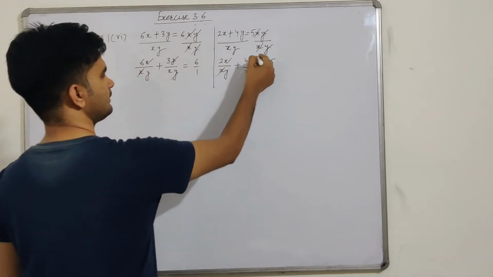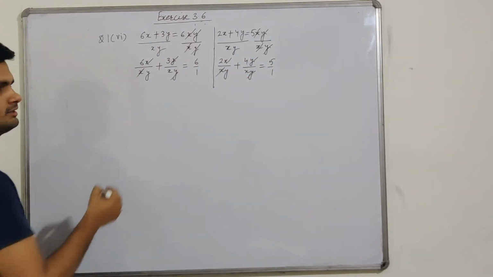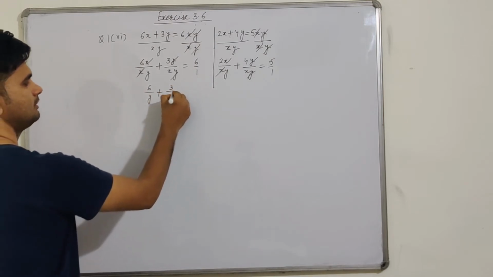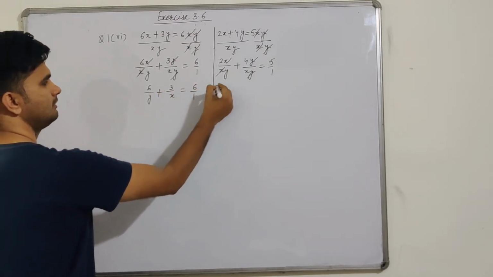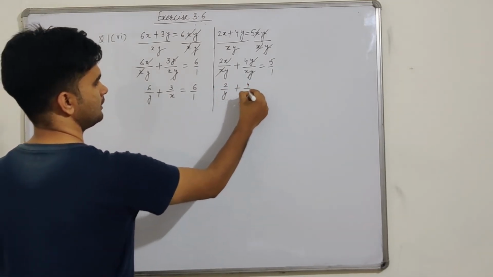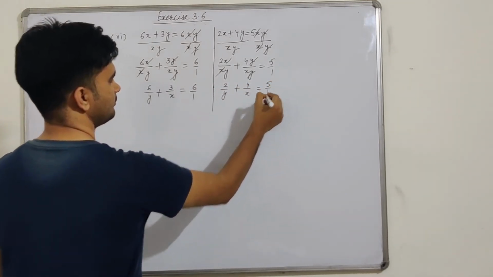This will become 6 over y plus 3 over x is equal to 6 by 1. And 2 over y plus 4 over x is equal to 5 by 1.